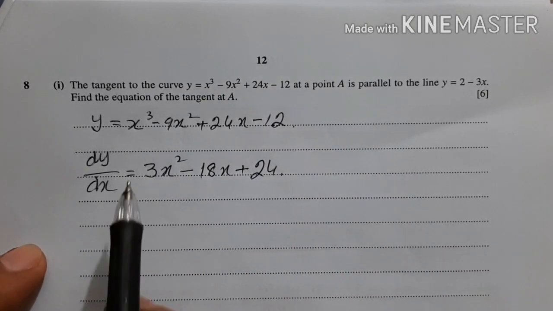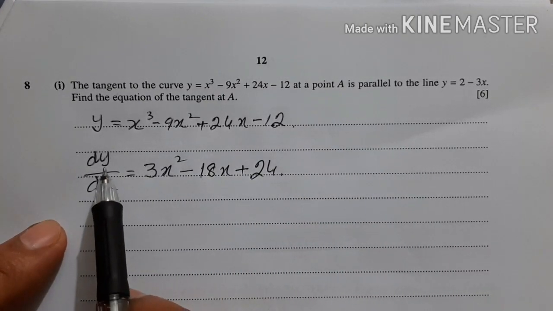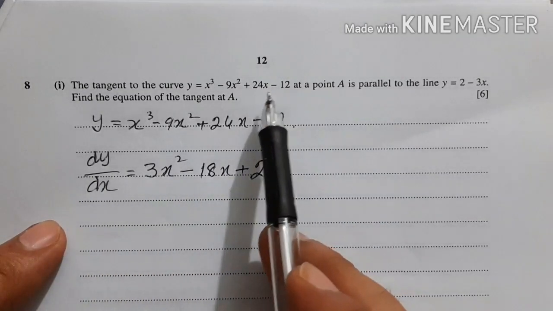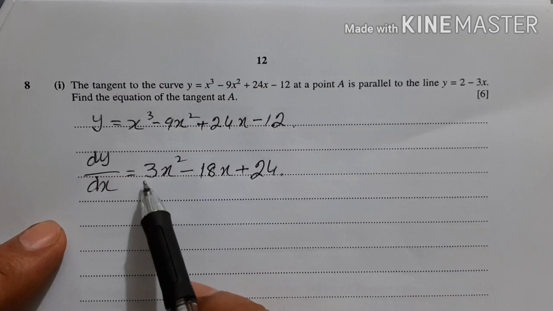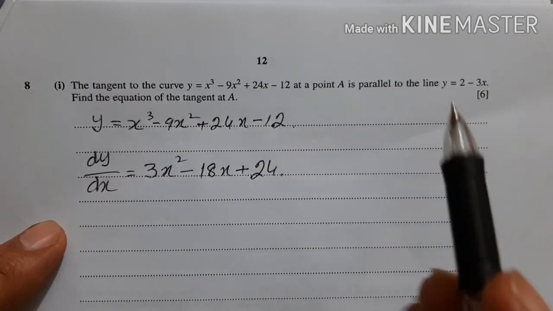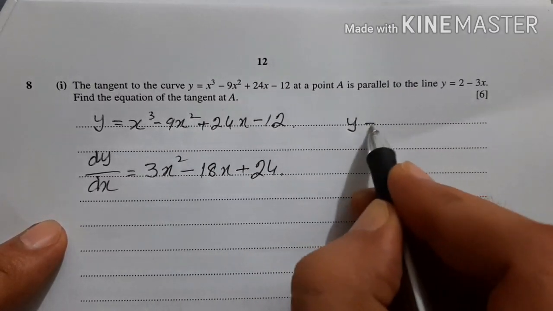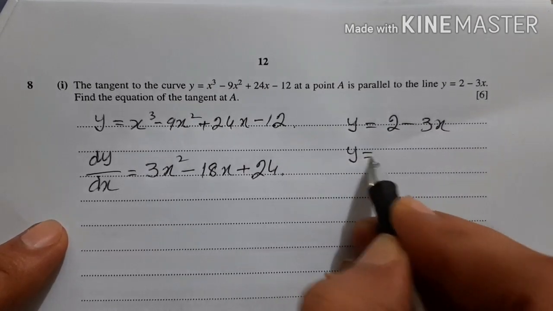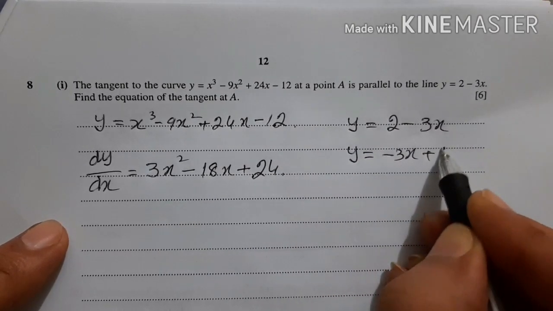This is the value of tangent at A, but this tangent is also parallel to this one, y is equal to 2 minus 3x, or I can write it as minus 3x plus 2.